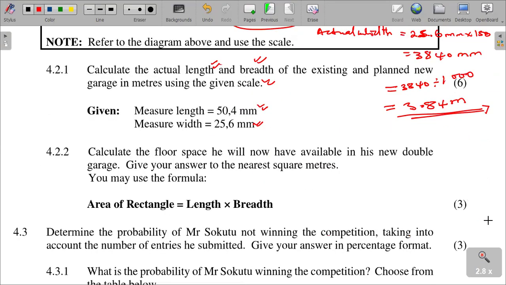The next question is saying calculate the floor space you will now have available in each double garage. Give your answer to the nearest square meter. Use your formula that is given here: length times breadth is equal to the area of the rectangle.